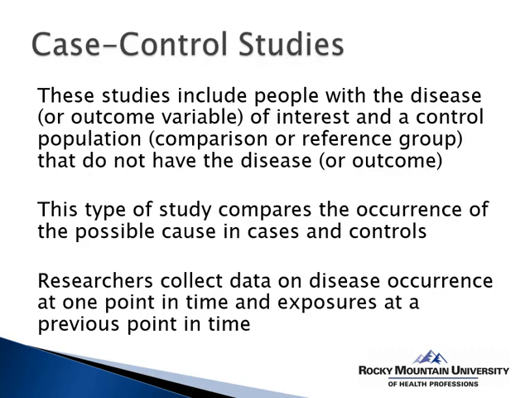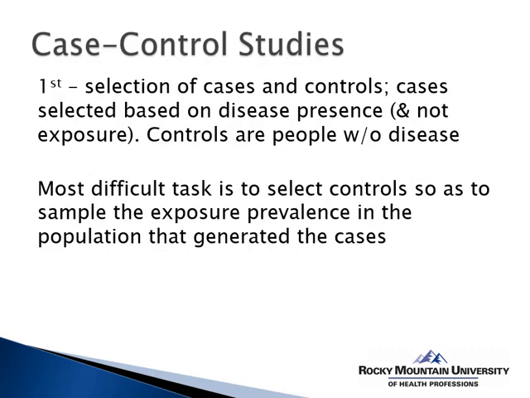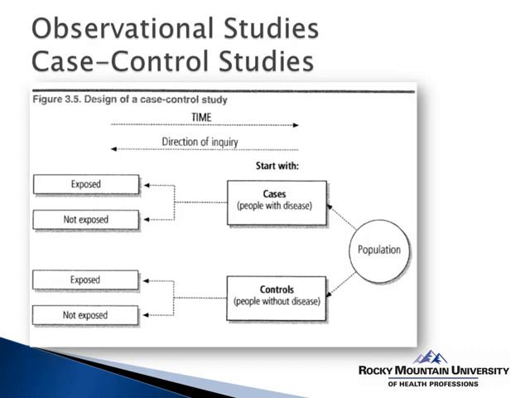And then what you want to do is retrospectively go back and look at potential risk factors to see if there's a difference in proportion of those risk factors between groups. It's important you know who your cases are. Cases are selected on the disease presence and not exposure. Controls are people without the disease. So here's the cases. Here are the controls.